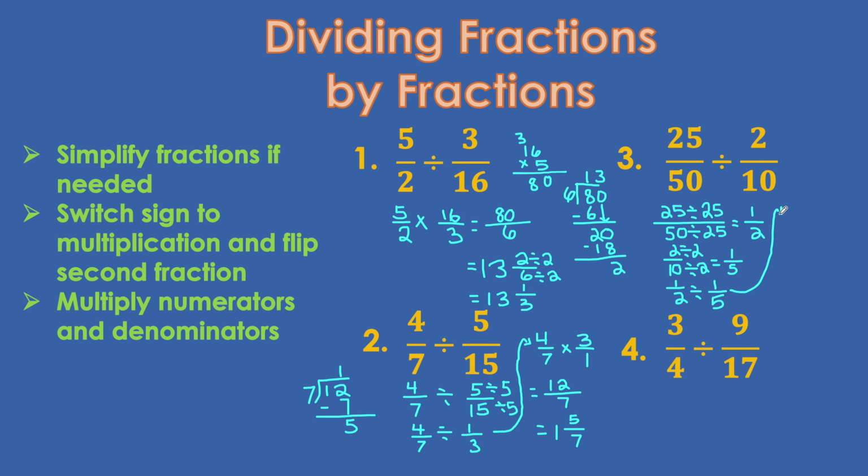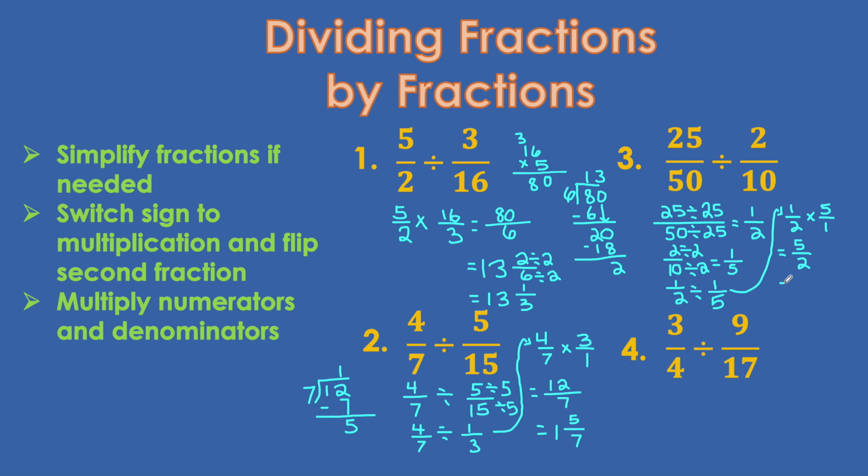It's right over here. We have 1/2 times, so we switch the sign, then we're going to flip the fraction. It will be 5/1, which equals 5. 1 times 5 is 5. Numerator is 5. Denominator, 2 times 1 is 2.